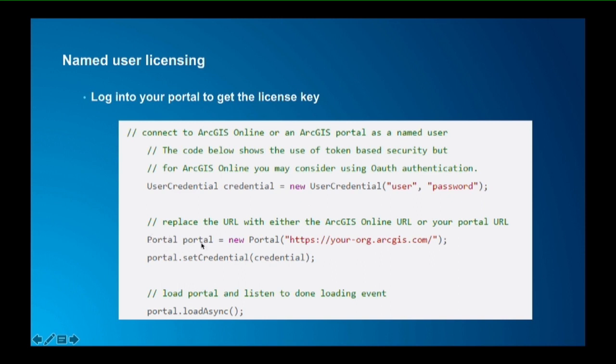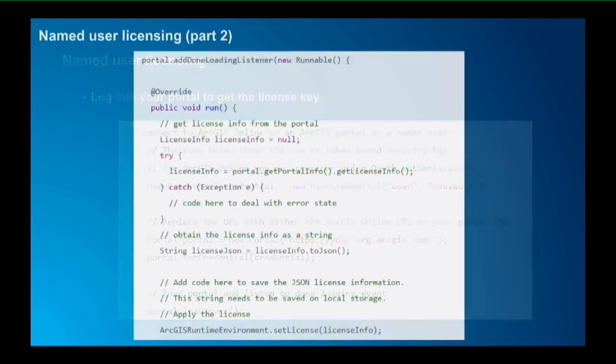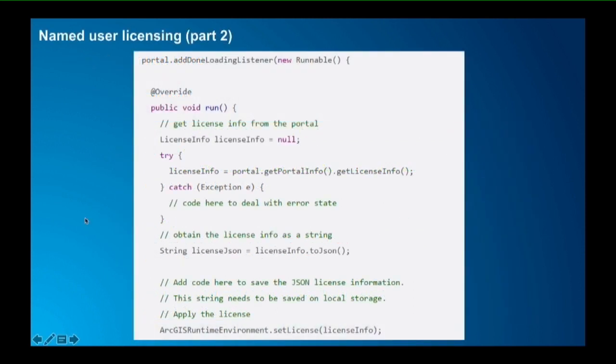However, if you ignore that, what I'm doing here is I'm creating myself a reference to a portal, so your organization.arcgis.com, and I'm passing in the credentials that I've hopefully acquired using OAuth, and then I just load my portal, and that'll go off and get the metadata associated with my portal instance. And then hopefully that's worked successfully and my done loading listener will fire.